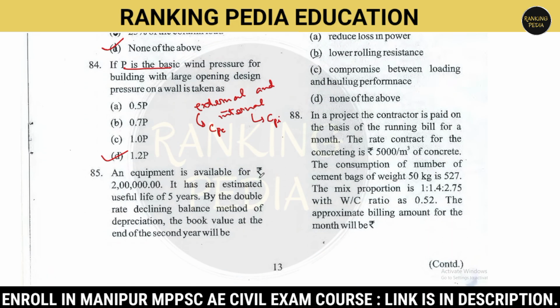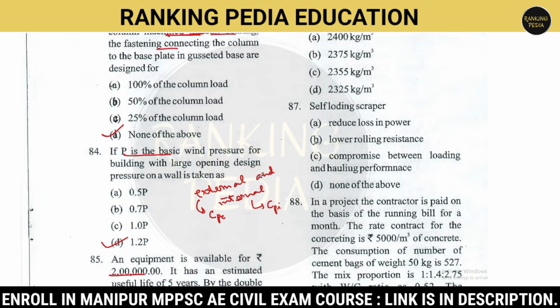Next question: an equipment is available for rupees 2 lakh. It has an estimated useful life of 5 years. By the double rate declining balance method of depreciation, the book value at the end of the second year will be? So we have to find out the book value at the end of the second year.